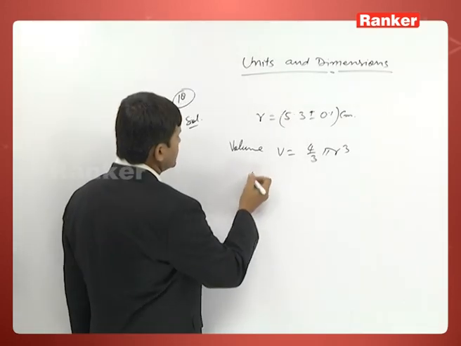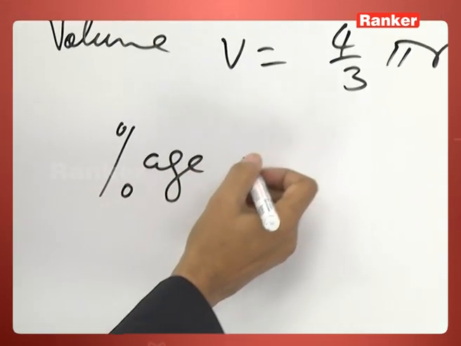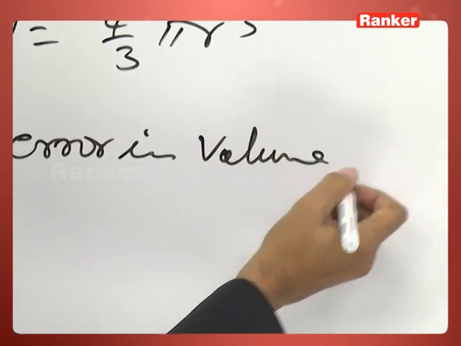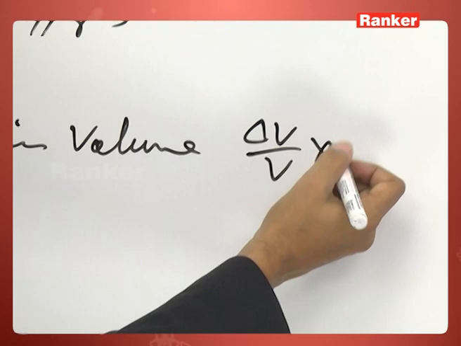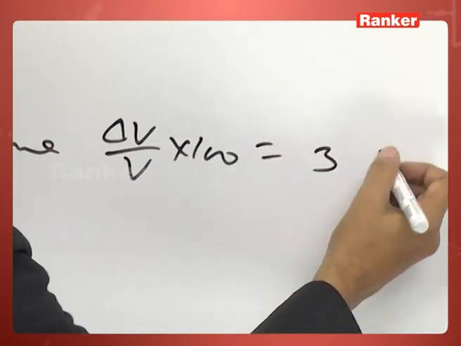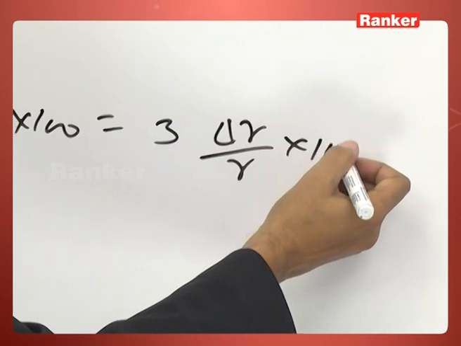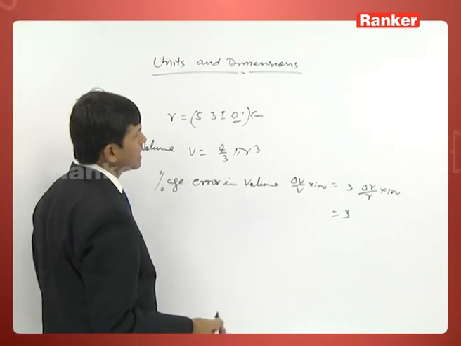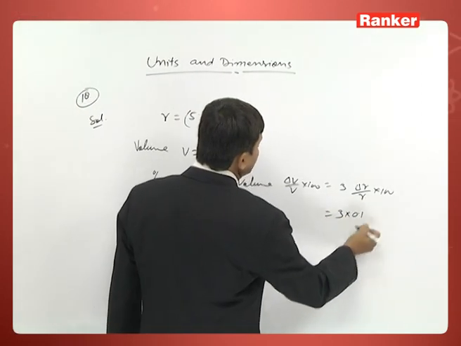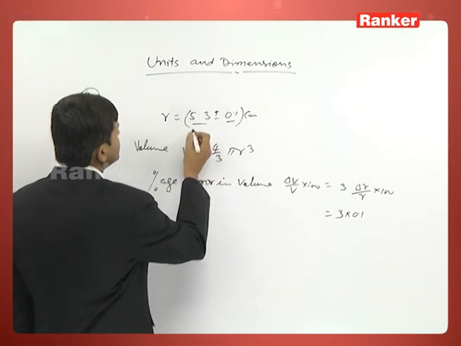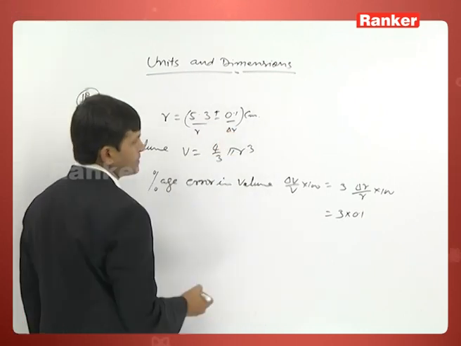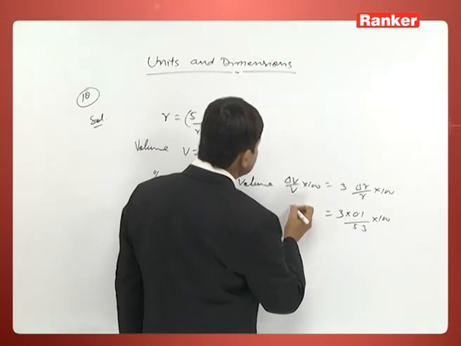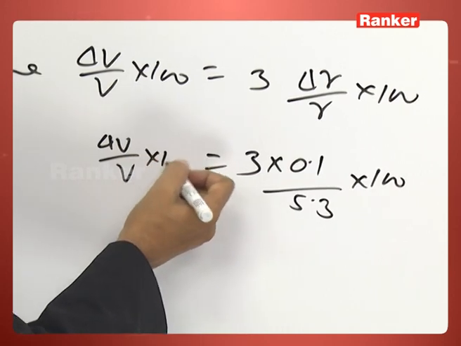So the percentage error in volume can be written as delta V by V into 100, which is equal to 3 delta R by R into 100. In this term, delta R is equal to 0.1. R is 5.3. This is R and this is delta R, so 3 into 0.1 by 5.3 into 100. This is the percentage error in the volume.